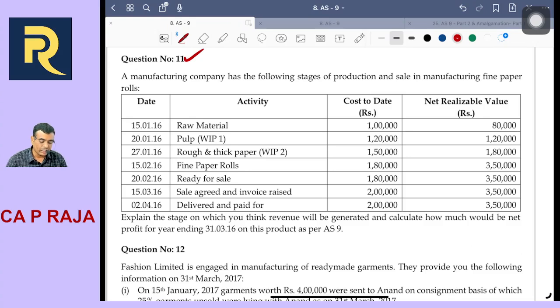Explain the stage on which you would think revenue will be generated and calculated. How much would be the net profit for the year ended 31/3/2016?